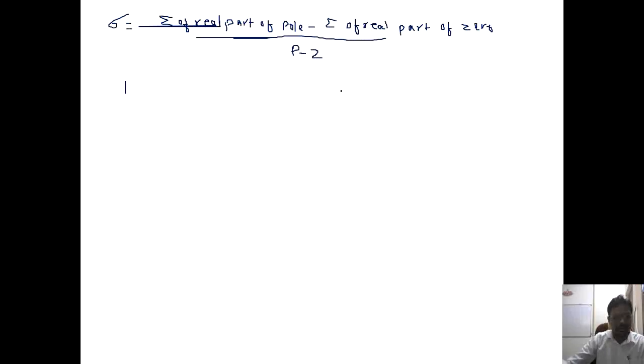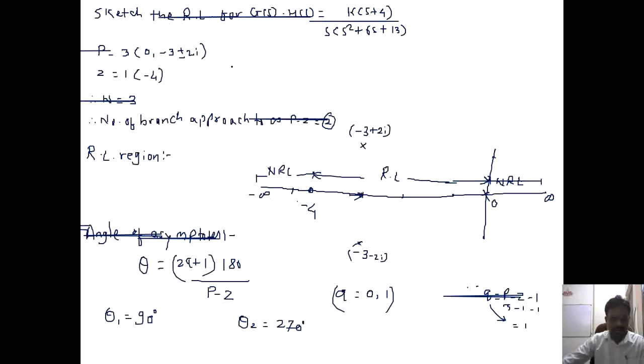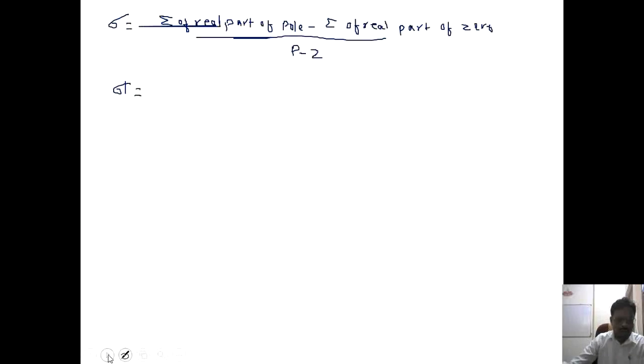So sigma will be the summation of the real part of poles. The poles are 0, minus 3 plus 2i and minus 3 minus 2i, so the real parts are 0, minus 3 and minus 3, and the summation of the real part of zeros is minus 4. So let us sum up all: the summation of the real part of poles is 0 plus minus 3 plus minus 3, minus the summation of the real part of zeros, minus 4.